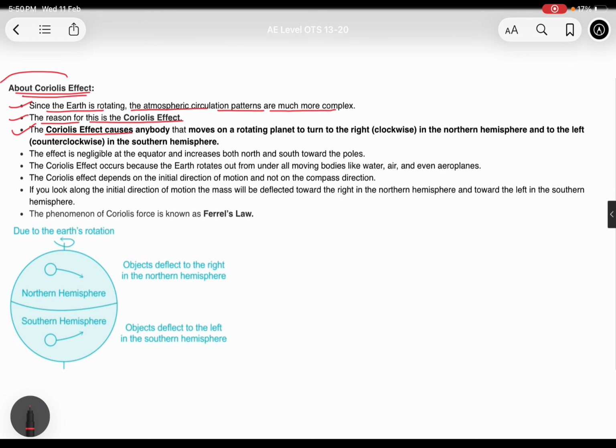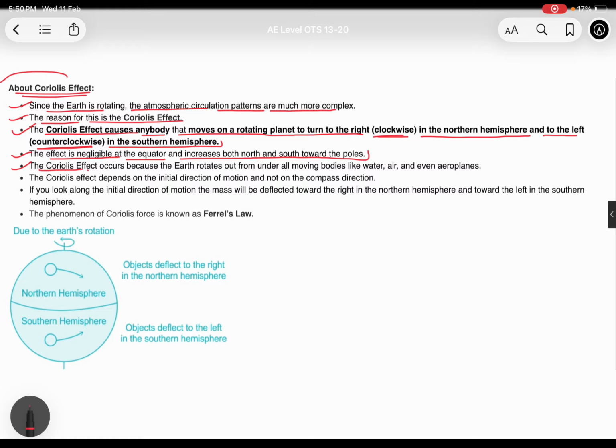The Coriolis effect causes anybody that moves on the rotating planet to turn to the right, clockwise, in the northern hemisphere and to the left, counterclockwise, in the southern hemisphere. The effect is negligible at the equator and increases both north and south toward the poles.